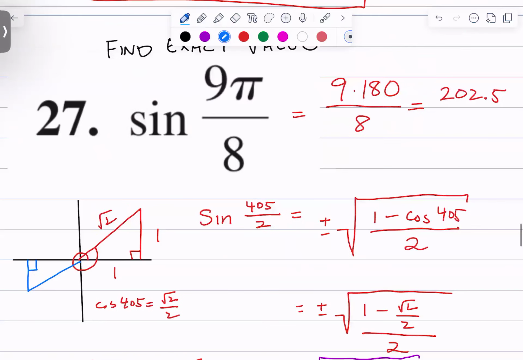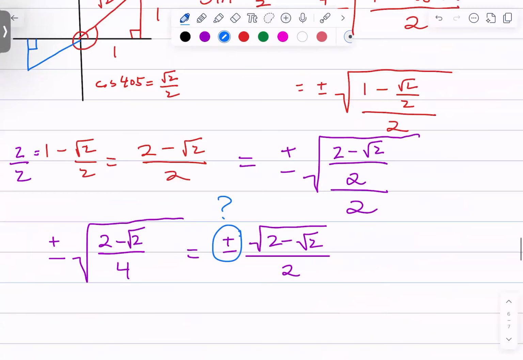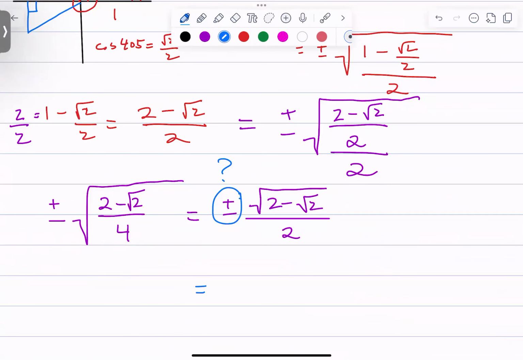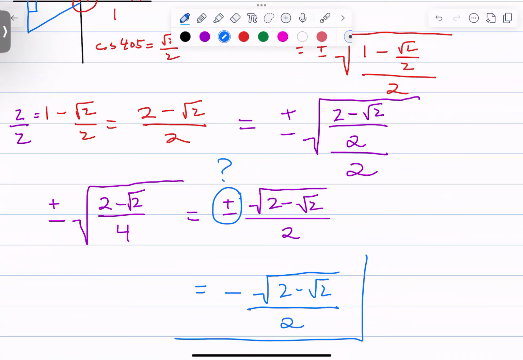Because I'm trying to get the sine of 202.5 degrees. Sine in my third quadrant is negative, so I just keep the negative version of my answer. And that's your solution.